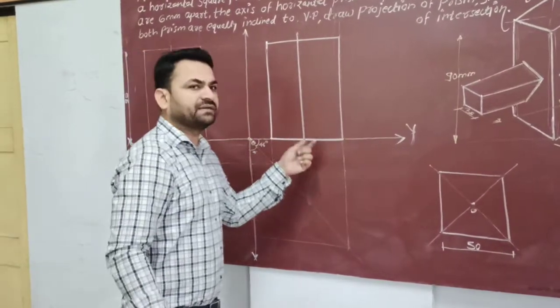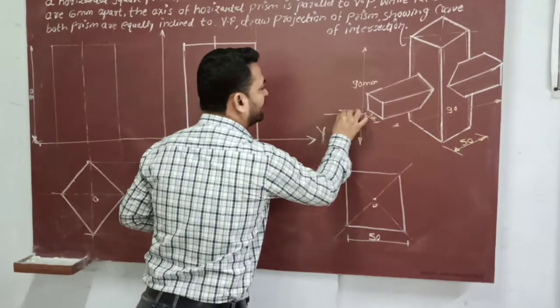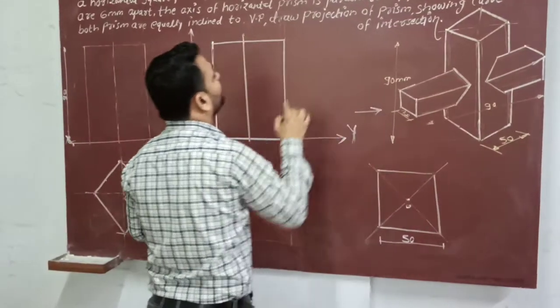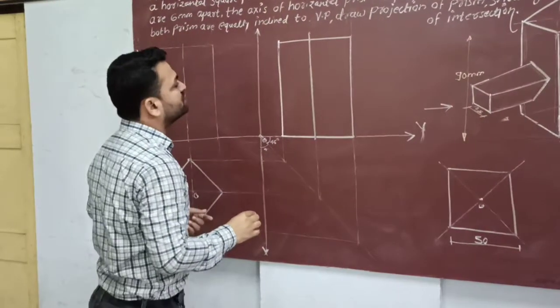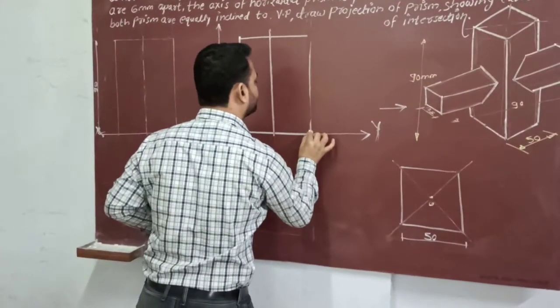This is going to be penetrated by another square prism. Now while seeing from the side view, consider this is the side view. While seeing from the side view, we can clearly see the intersected prism, and the position of the intersected prism is again in an offset condition.